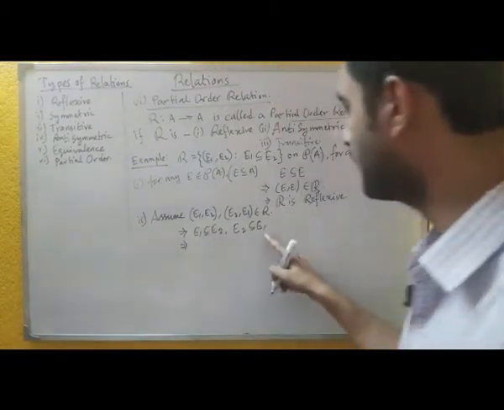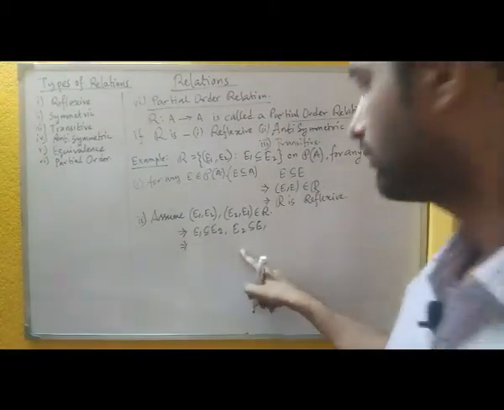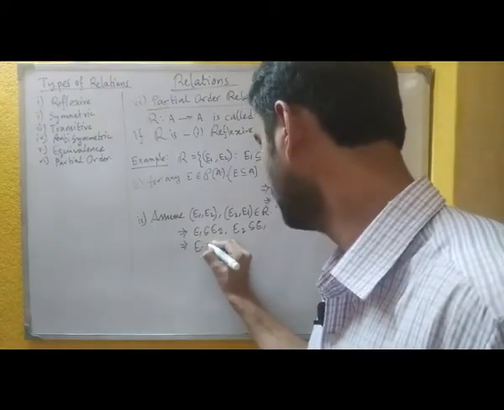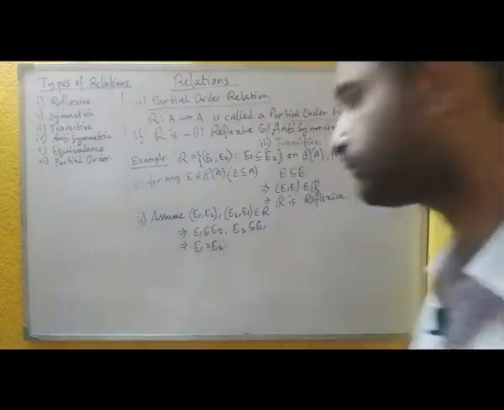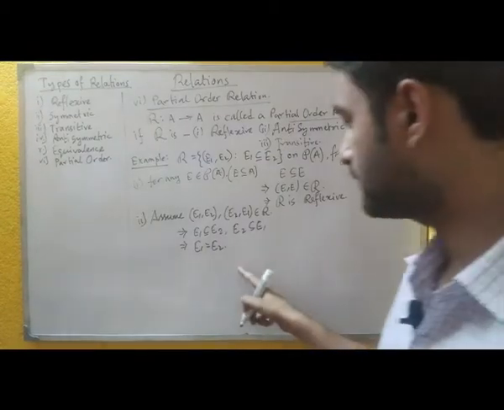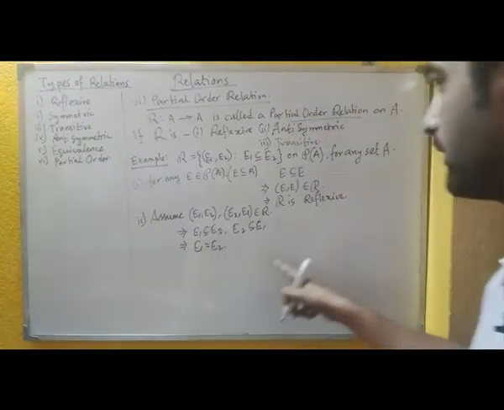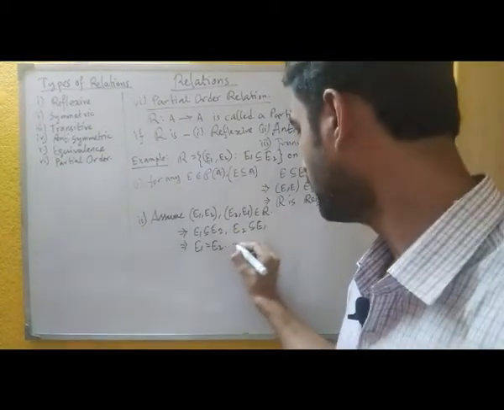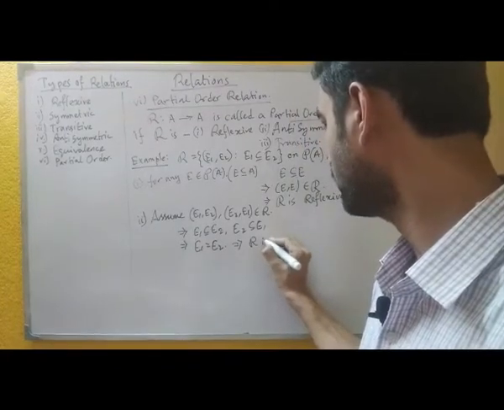So from here, by the condition of equality of two sets, we can say that E1 is equal to E2. And if E1 is equal to E2, then this relation becomes an antisymmetric one.